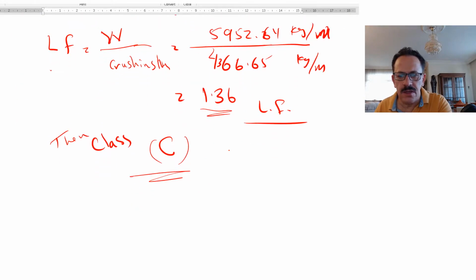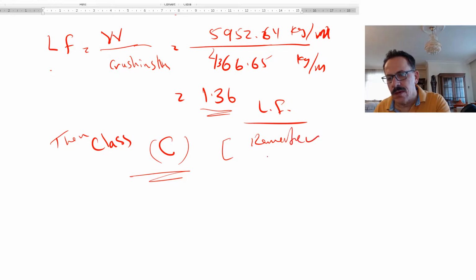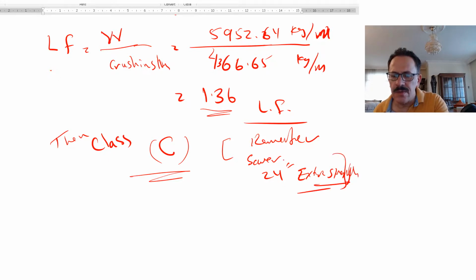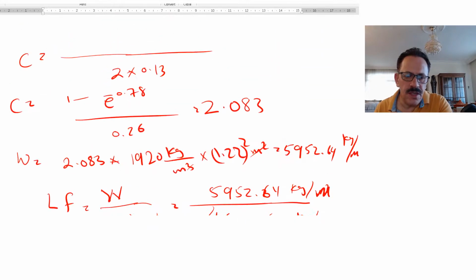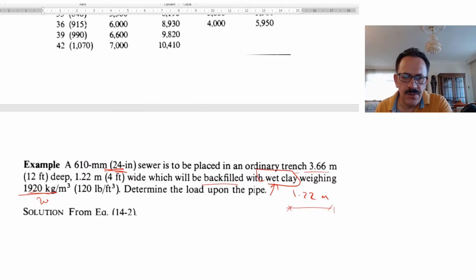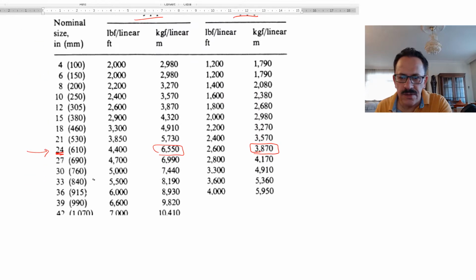So remember that we used 6,550. This is in case that I'm using a sewer which is 24-inch, and this is extra strength pipe. But if you are using the standard, not the extra one, you should remember that it will be different.